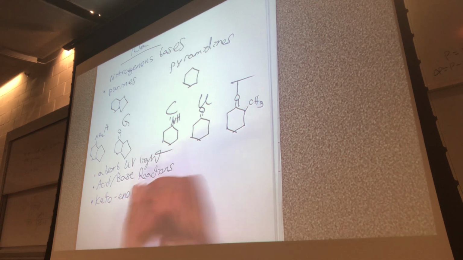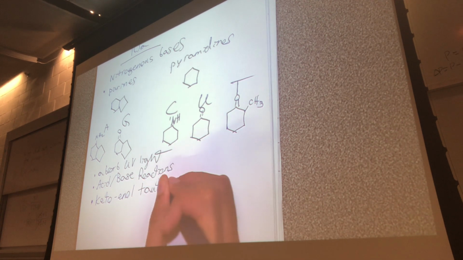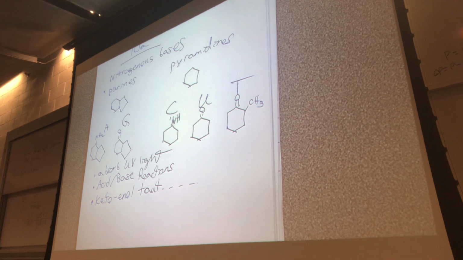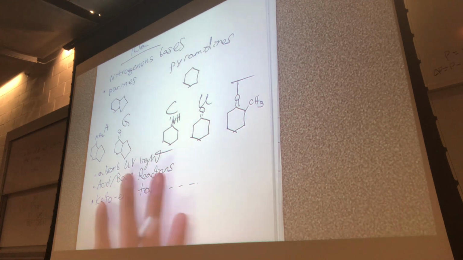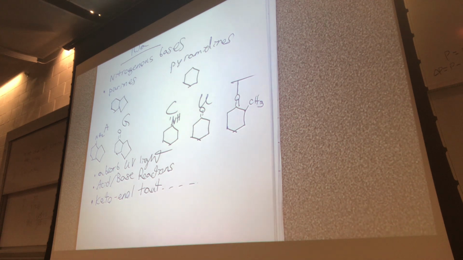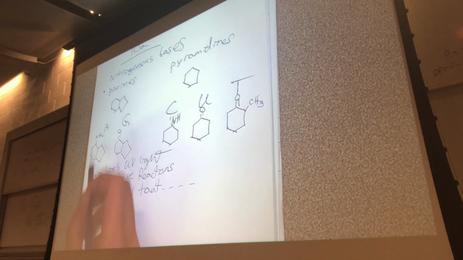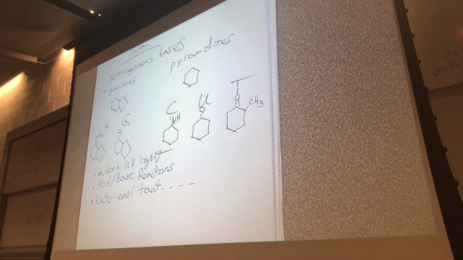Keto-enol tautomerization. That is a property of your nitrogenous bases. Basically, an oversimplification of what this means is that carbonyl groups can flip into hydroxyl groups and back and forth. I'm not going to draw it out, but all of your nitrogenous bases have the capability to undergo keto-enol tautomerization.